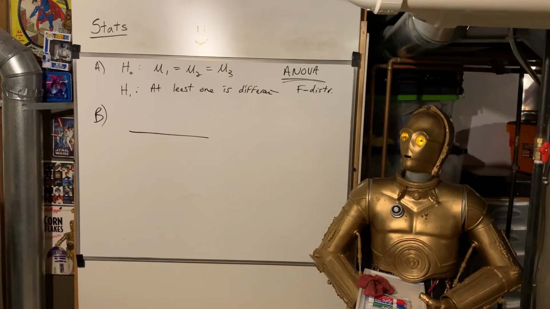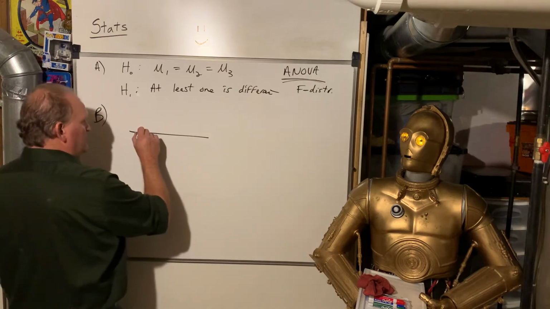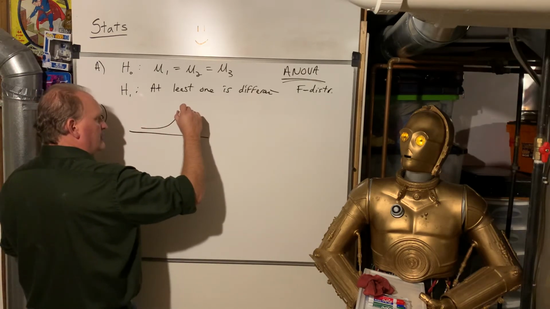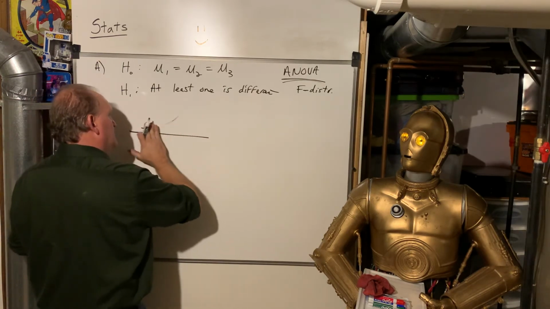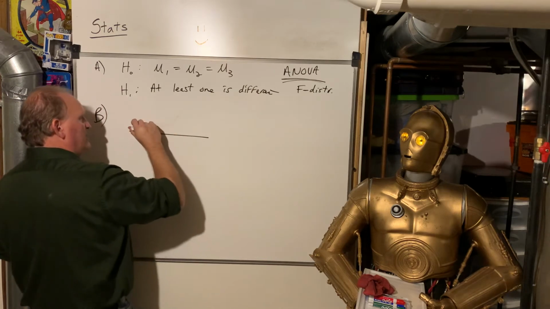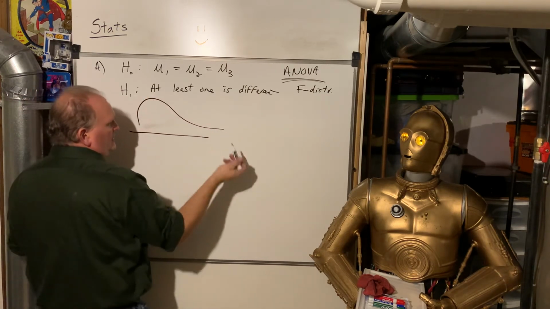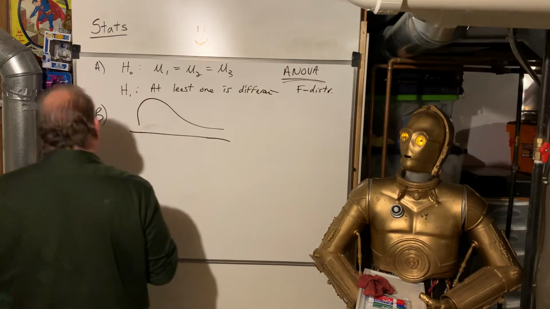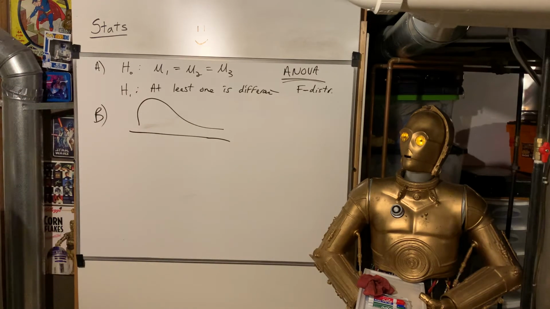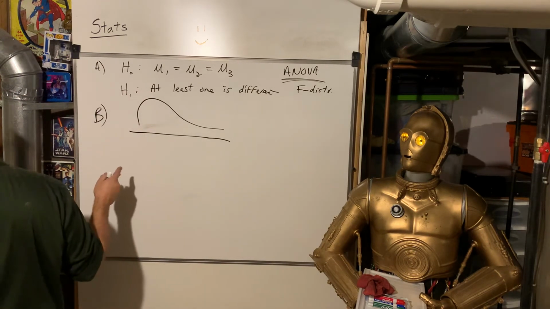Let me see. I'm less familiar with the F distribution. It's always positively skewed. So our F distribution kind of looks like, so positively skewed would mean like that. So a lot like the chi-squared. But there are 2 sets of degrees of freedom for this.